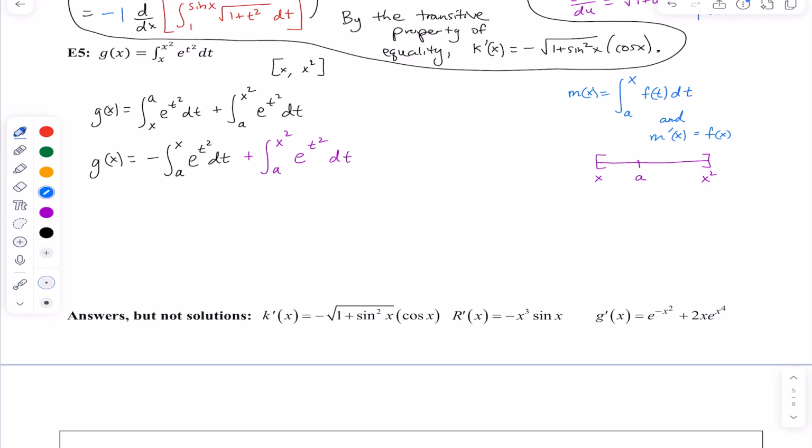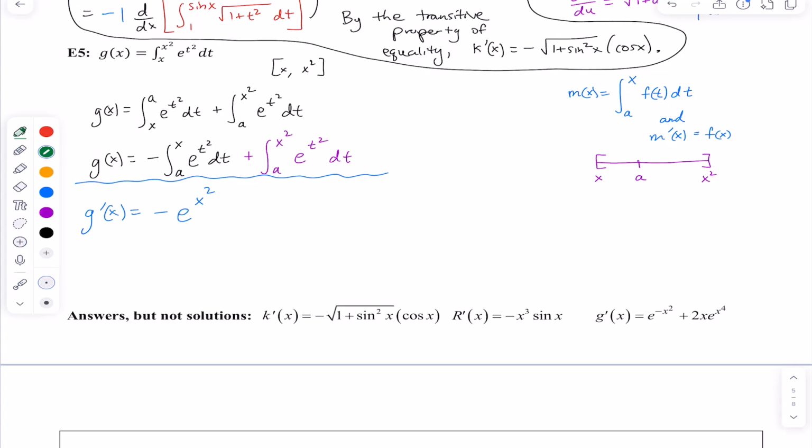We are ready to take a derivative. This is simply the opposite of this function of x. And the next one requires some very, very careful manipulation of the chain rule.